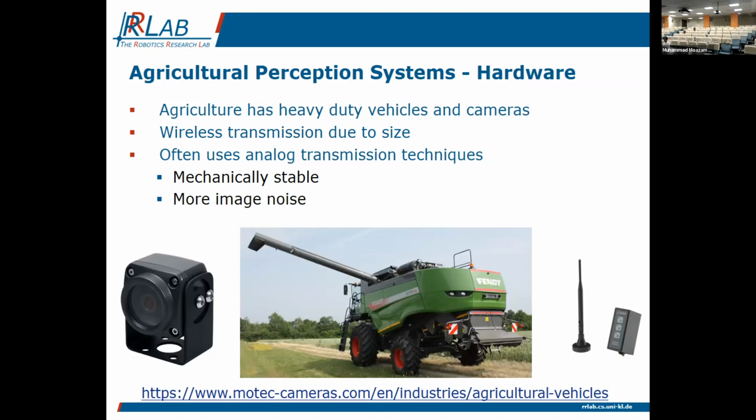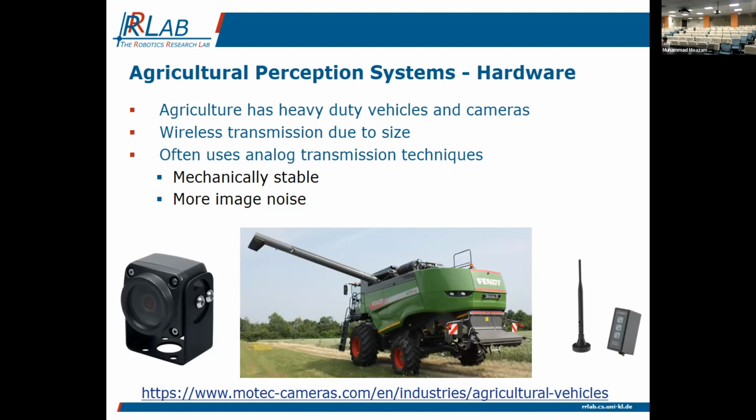So what is done is using wireless transmission. We often use the cameras that are available on the market for the agricultural use case, often even using analog wireless transmission, because it's just easier to realize in this hardware system.